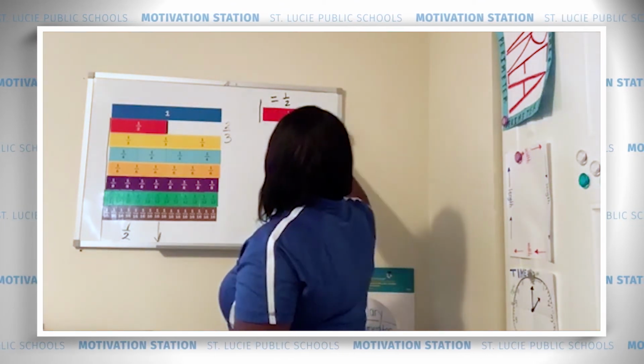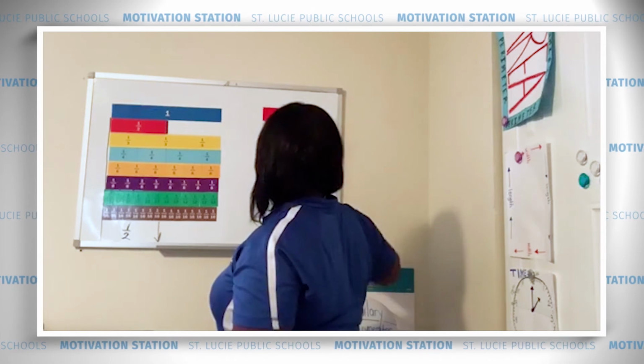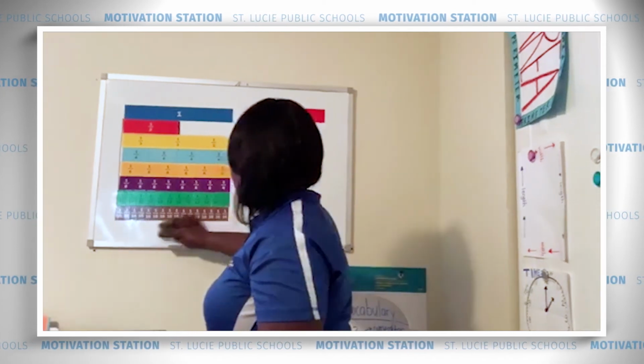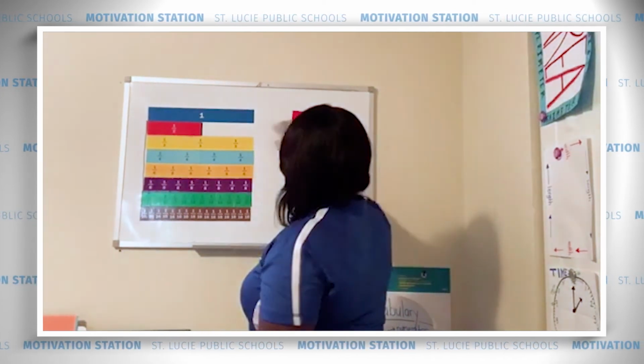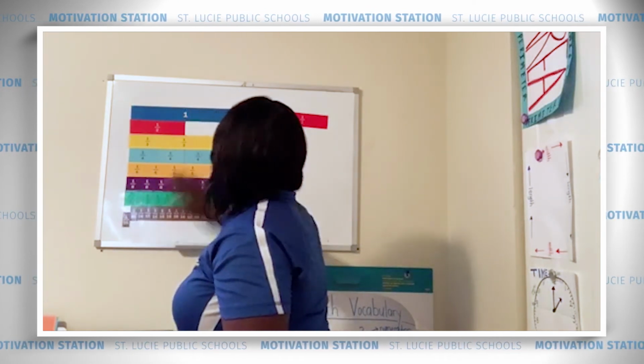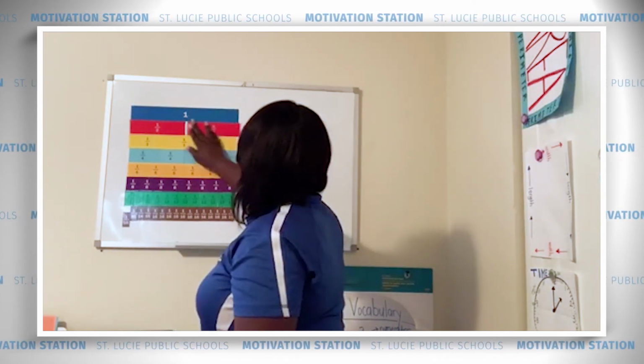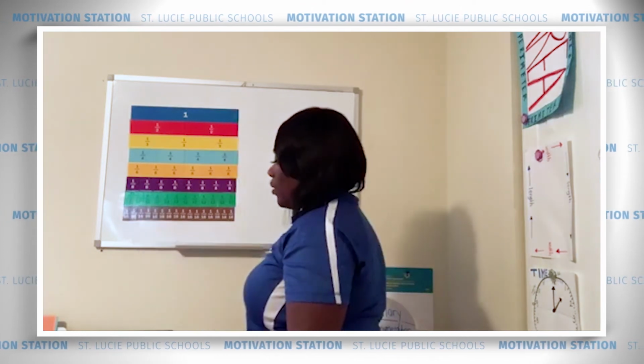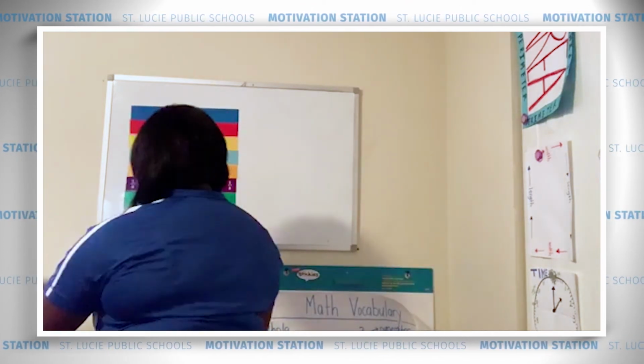Okay, now we're going to get into some comparing fractions. You guys did an excellent job here. We're going to use our fraction strips to help us figure out how to put these fractions in order from least to greatest.